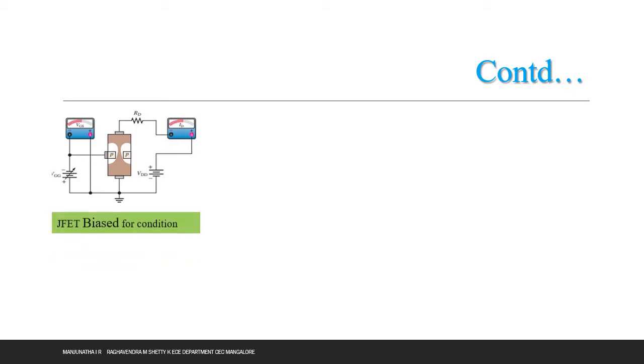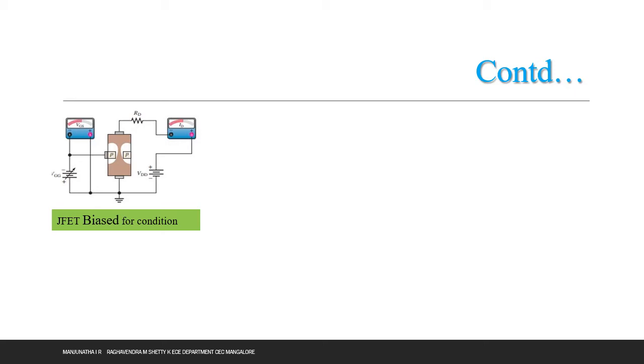Continuation. So here the JFET is biased. Here I am going to concentrate on the depletion width or depletion region. As I mentioned earlier, there are two different depletion regions across the two P regions, which we can observe from the white region surrounded by the P region.